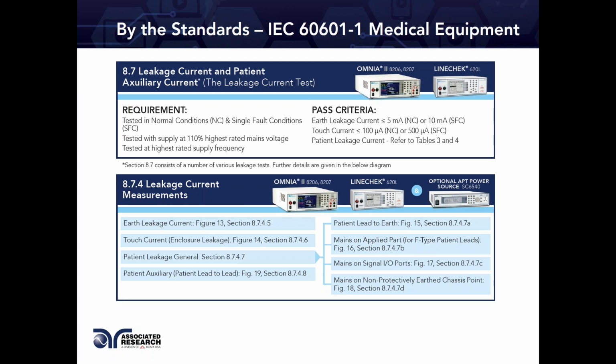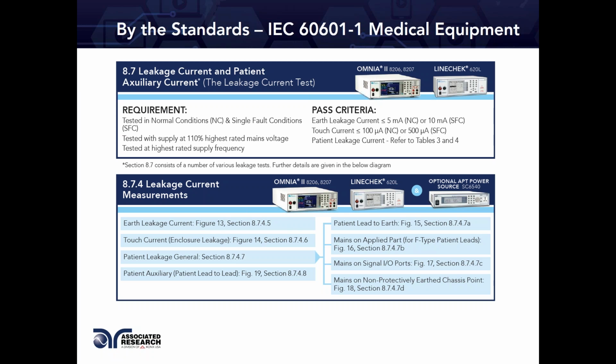This means that if you're in the U.S. and you're keeping 120 volts power in mind, 110% of that would be 132 volts. So if you're testing a medical device for the U.S. market, you must test it at 132 volts of the mains voltage, and also at the correct frequency. Obviously, in the U.S., it's going to be 60.